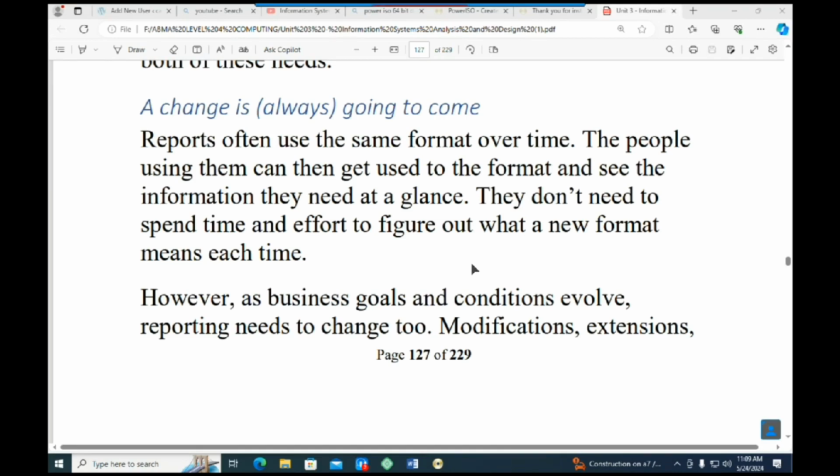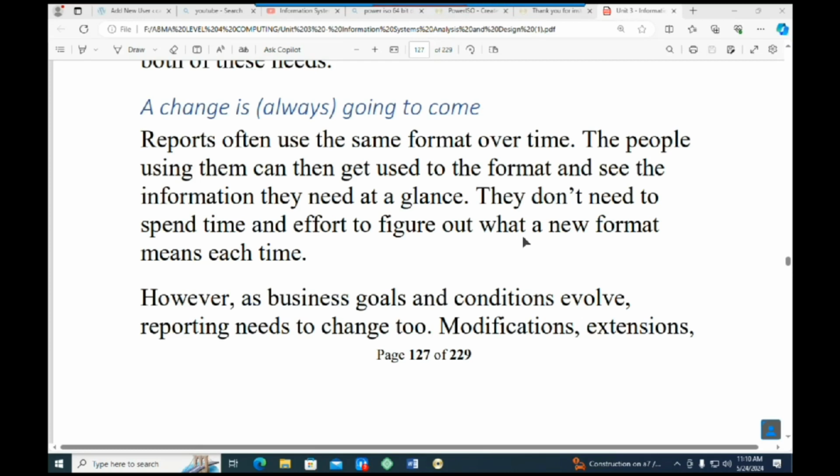They will be able to see the information available in that report just by looking at it. They don't have to spend a lot of time and effort figuring out what a new format means each time.